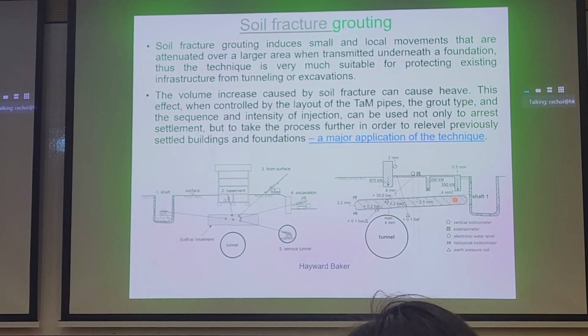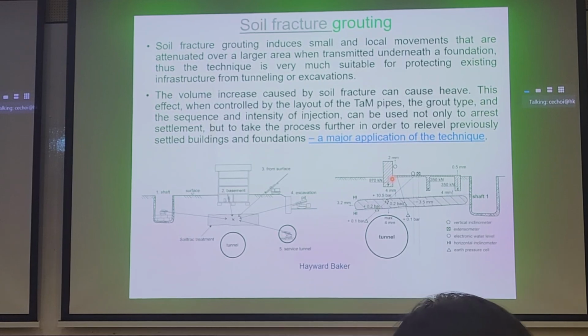So before we carry out any tunneling, we can construct a shaft here. We can then use the shaft to create a grout beam to minimize any settlement cost when we do tunnel underneath this perhaps bridge pier here later on.